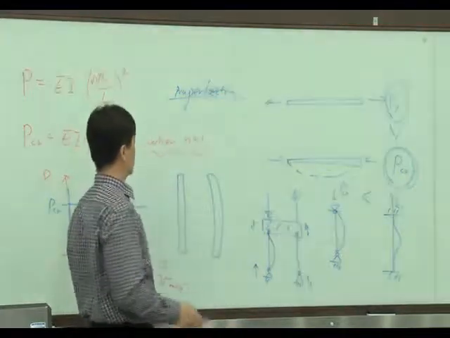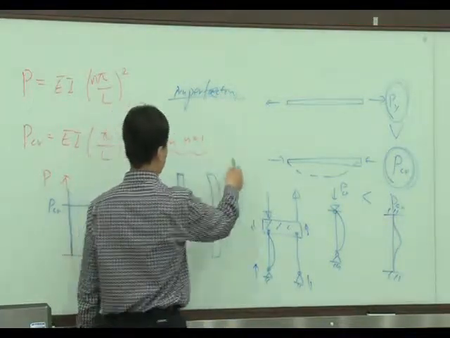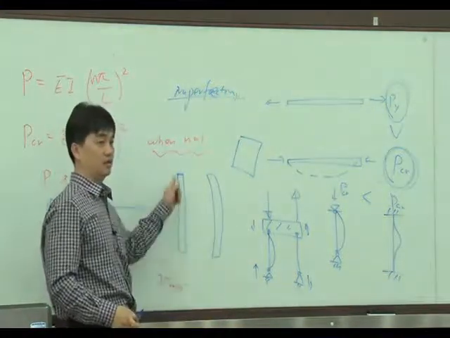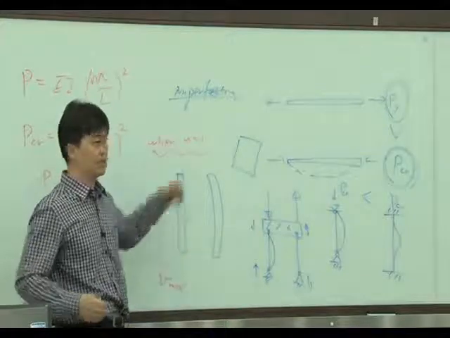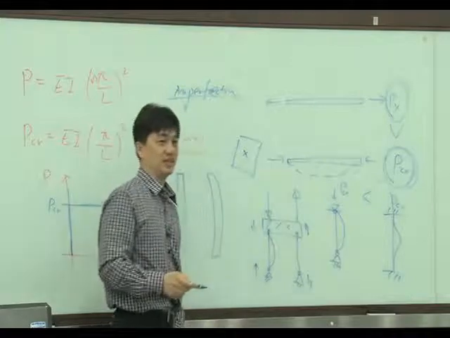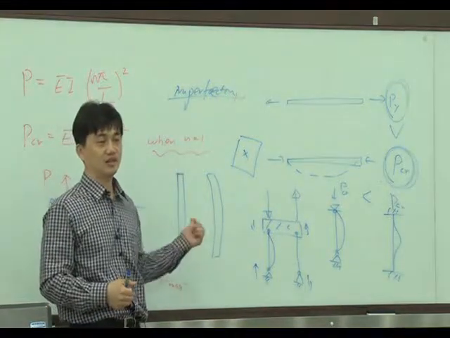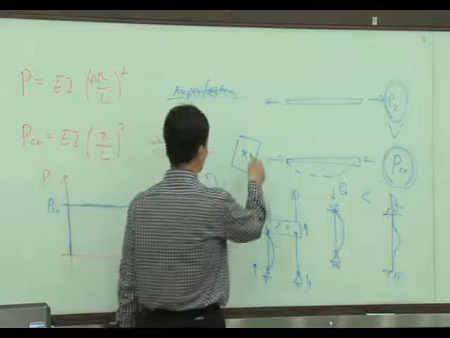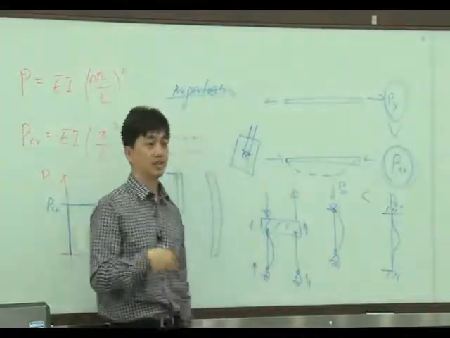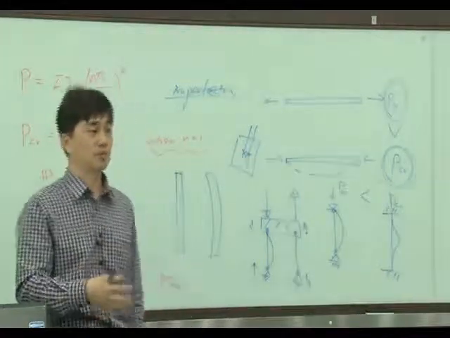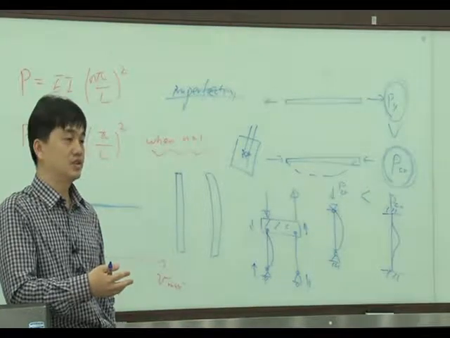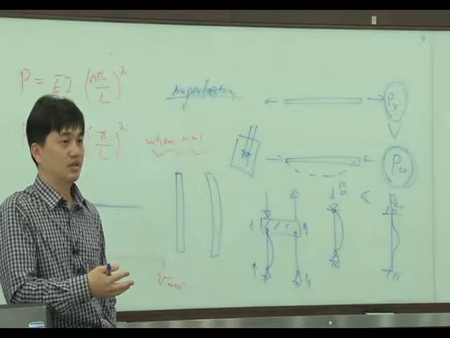And the other imperfection is this: let's say even if this column is perfectly straight, when we apply load at the exact center, then it's not bent. But we cannot do that. So there is always a small eccentricity. This eccentricity is also an imperfection. And another imperfection is the distribution of material properties.